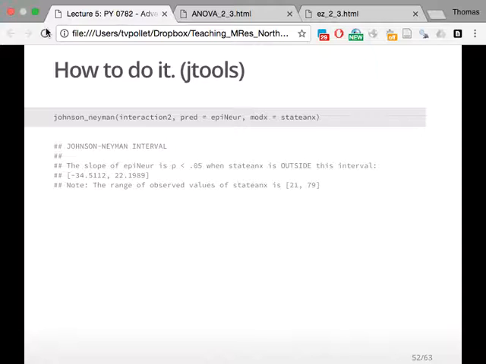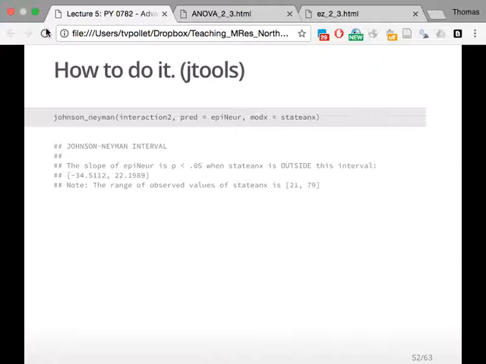It's johnson_neyman from the jtools package again. For the model, you have to tell it what the predictor is, and what the moderator is. The moderator is state anxiety, where we think based on high, medium, low, the slope will vary. It says that the slope of epi.neur, which is this neuroticism variable, is significant when state anxiety is outside of this interval. That's the range at which the slope is significant.